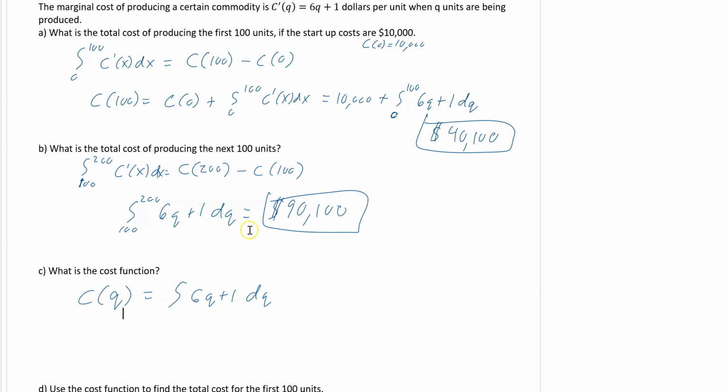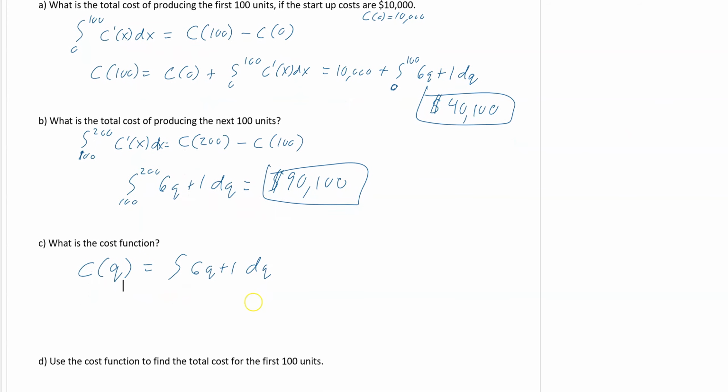So the antiderivative of that would give us 3q squared plus q plus c. So remember, it's going to be 6 over 2, which is 3. And you notice we now have a constant thrown on there. So now, if you go back, we do have an original point, which is C of 0 is 10,000.